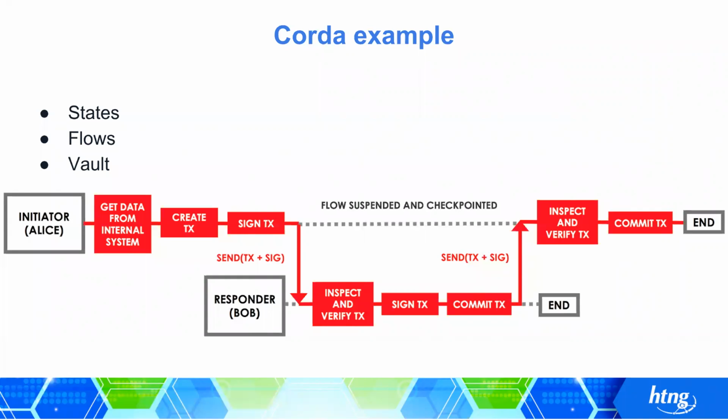The responder has to be sure about the correctness of the transaction, and performs the same operations: inspect and verify the transaction, sign it, and commit to their own data storage. So as you can see, it's a simple transaction model which you can consider with the Corda example.